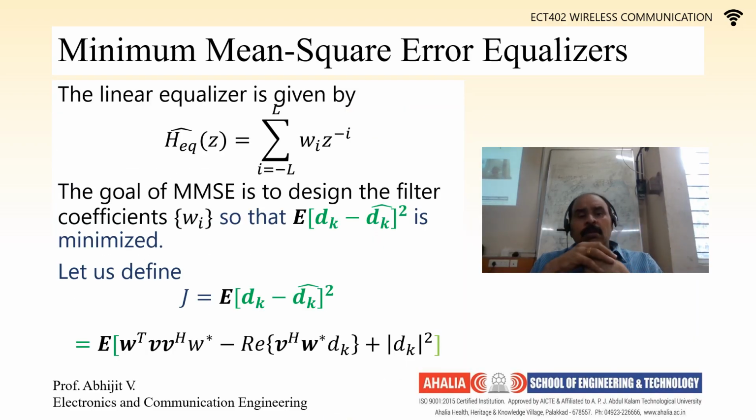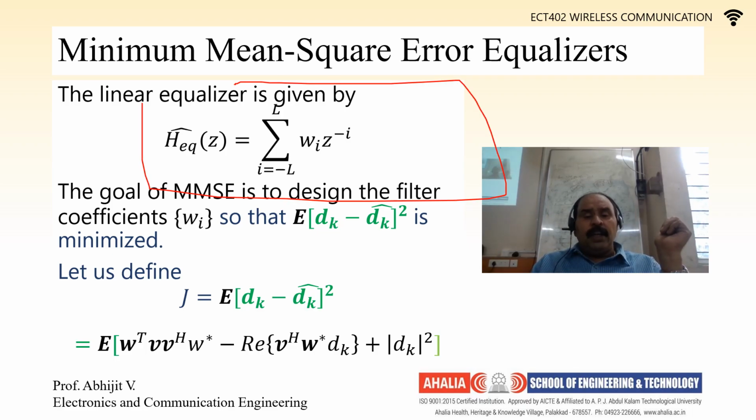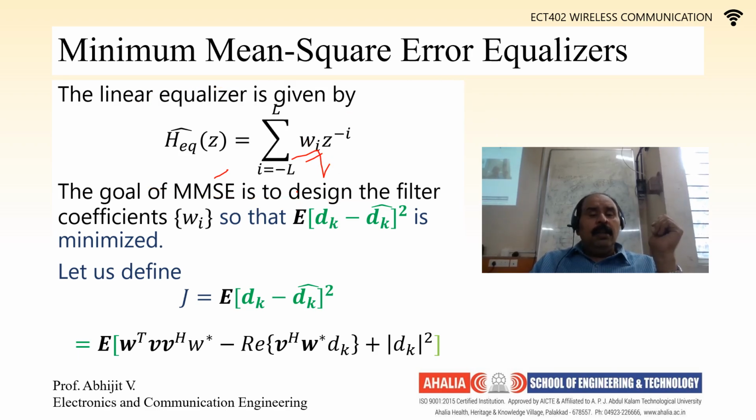So now for this linear equalizer, we have seen already that the transfer function of the linear equalizer will be something like this, right? H_eq(z) will be the sum from minus L to L of W_i Z^i, and here our objective is to find the optimal value of W_i so that we do not have any intersymbol interference, right? Yes or no?